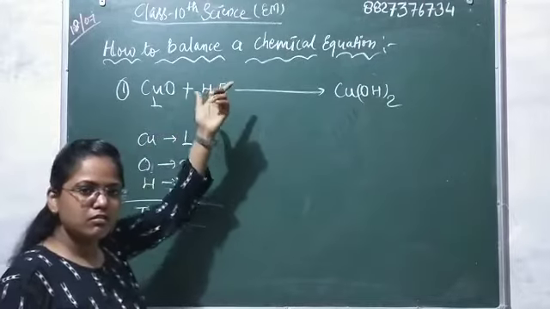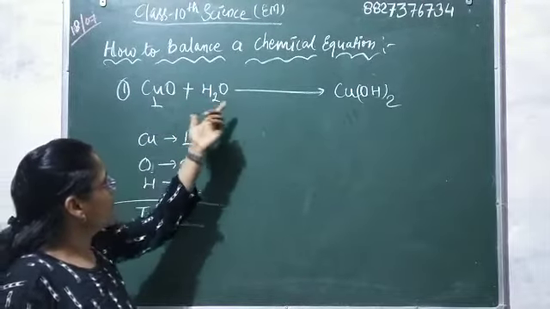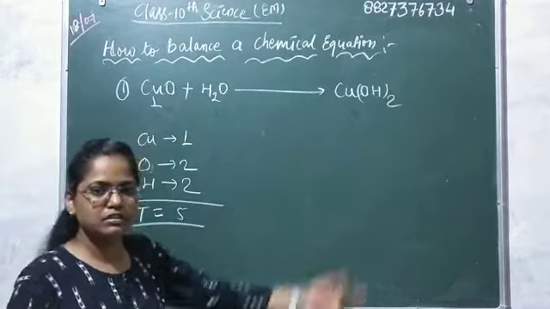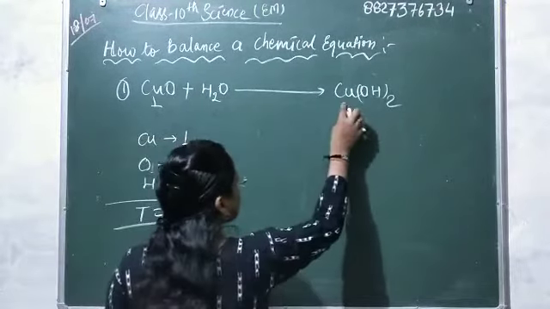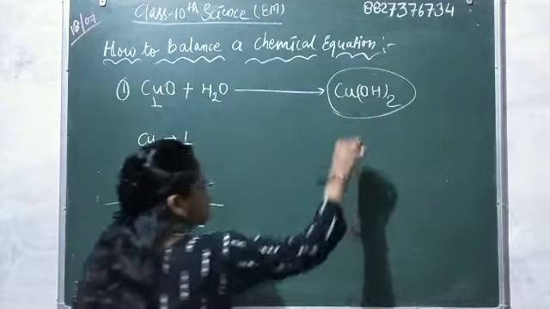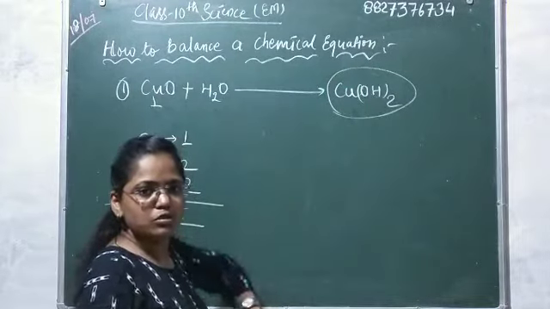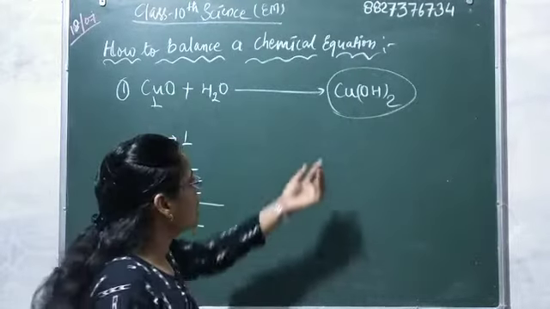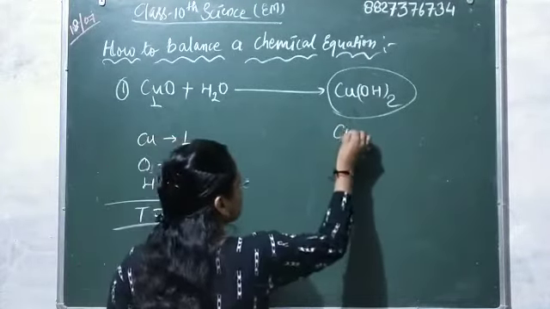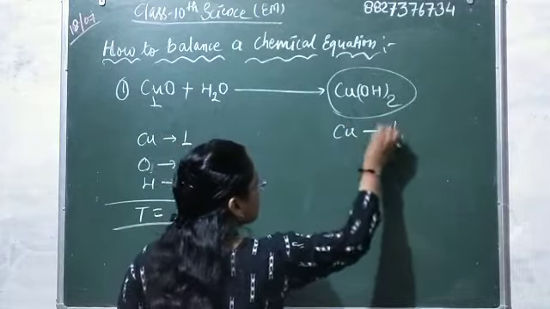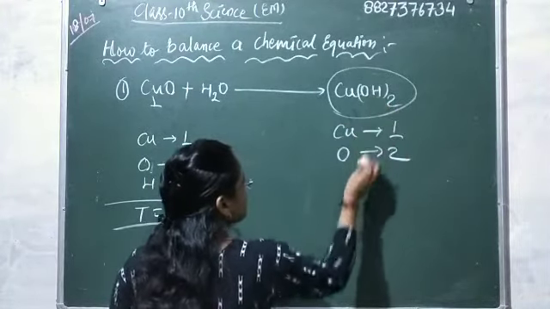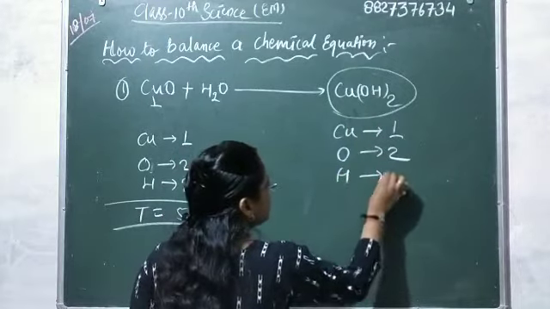The reactant is equal to the product. So in this product, now count how many elements and atoms or molecules are formed. So count: copper is 1, oxygen is 2 and hydrogen is 2.